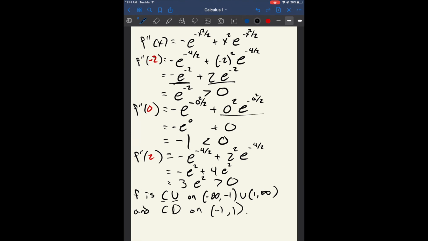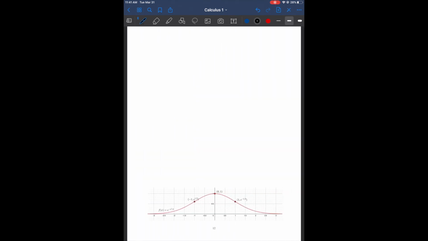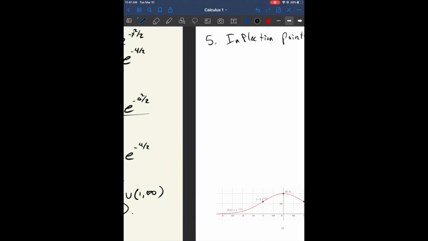Great. So now that gives us that fourth part of the problem. And then we are looking for one more thing, right? So we were looking for number 5 here, which was the inflection points. Okay. So inflection points happen where the function switches from concave up to concave down, or vice versa, concave down to concave up.